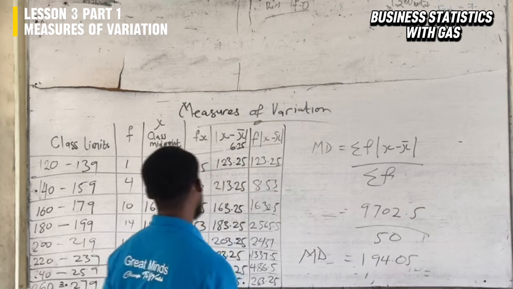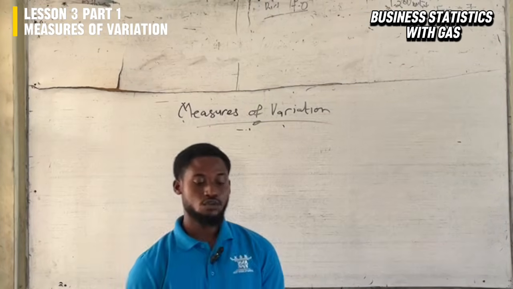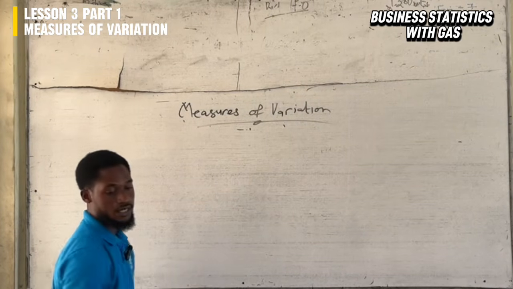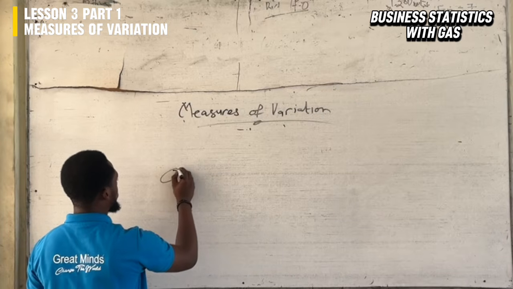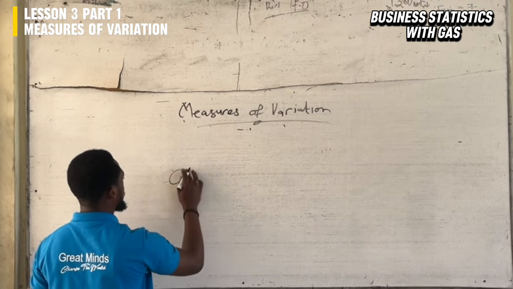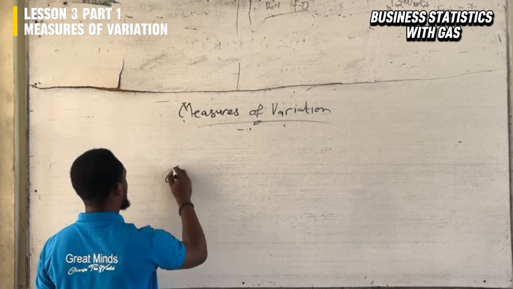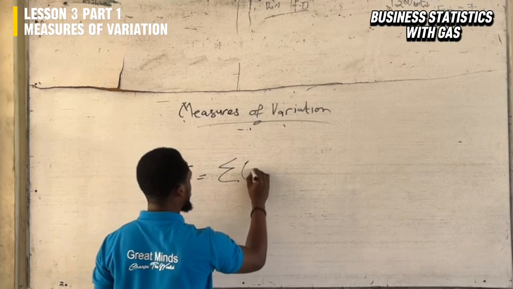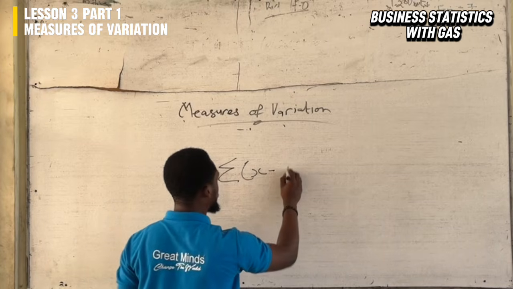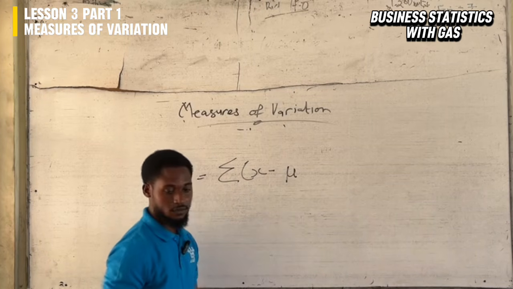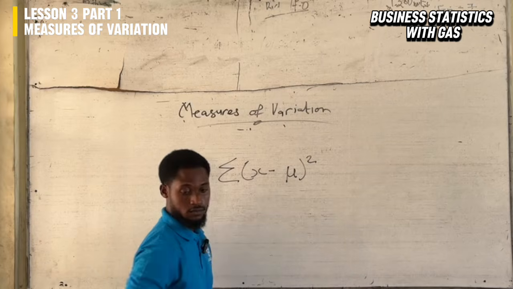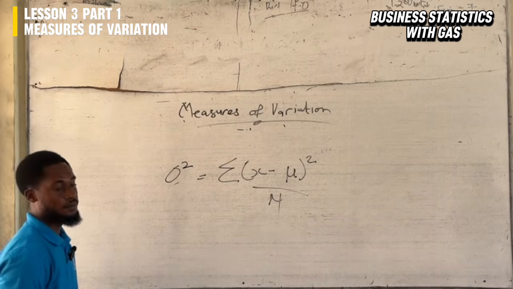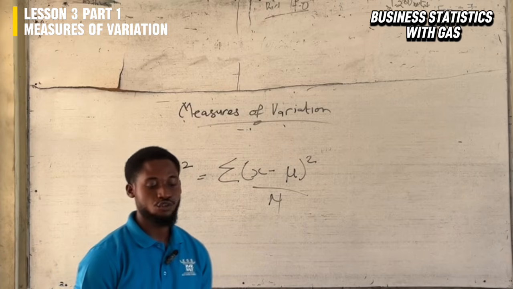So this is the formula for population variance for ungrouped data.